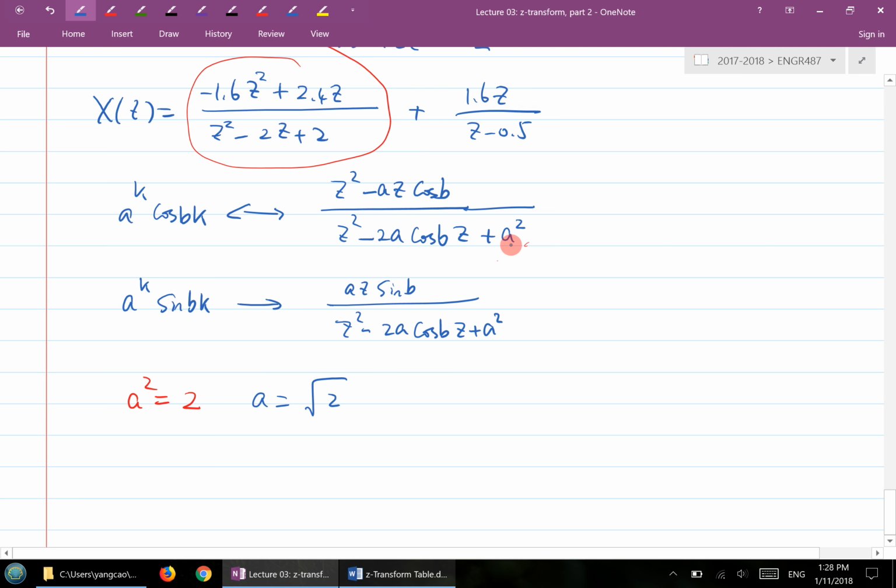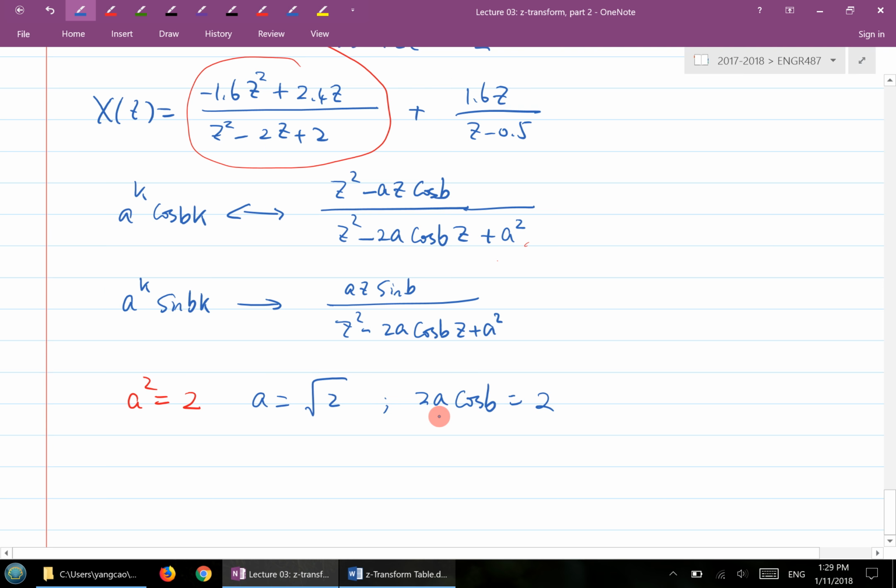Once we have a equal to root 2, let's look at the coefficient for the z in the denominator. The denominator here is 2a cosine b, which equals 2.